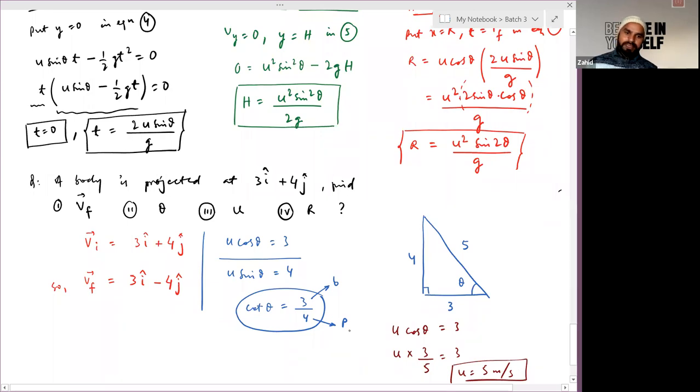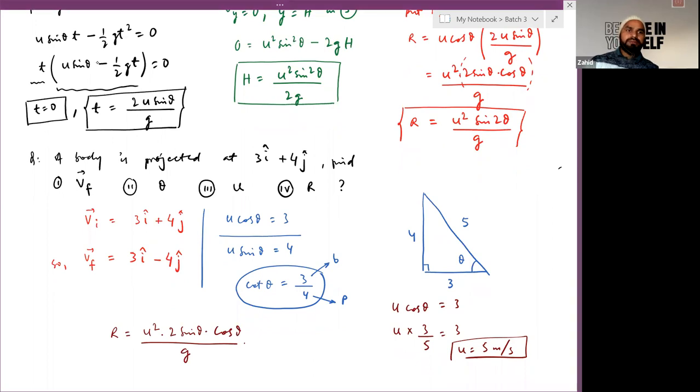Now using these relations, try to find the value for range. Put R equals u square 2 times sine theta into cos theta divided by gravity. Take the value of gravity to be 10. Just write it down and try to solve for range.